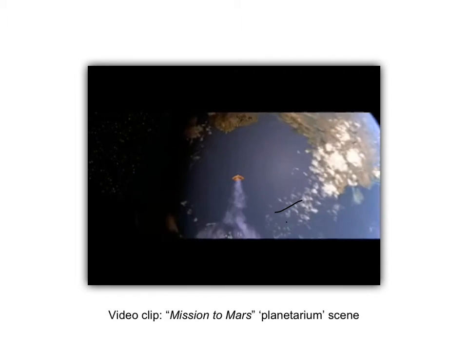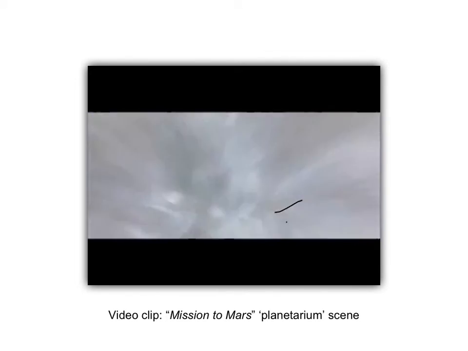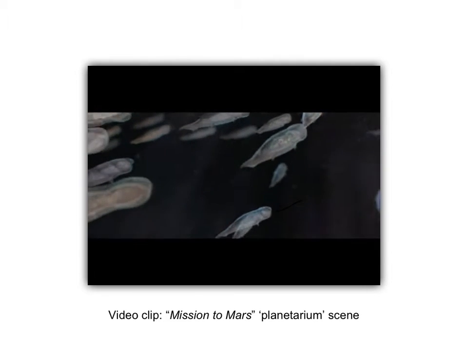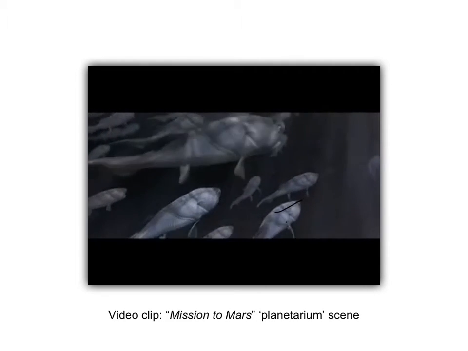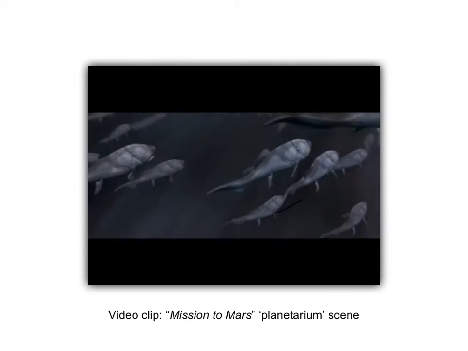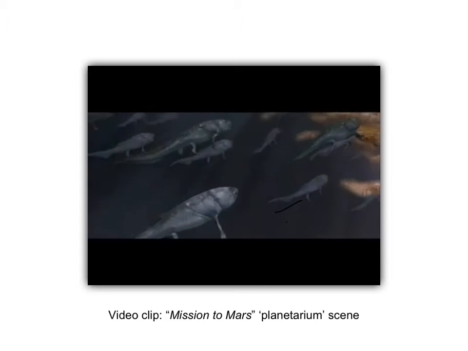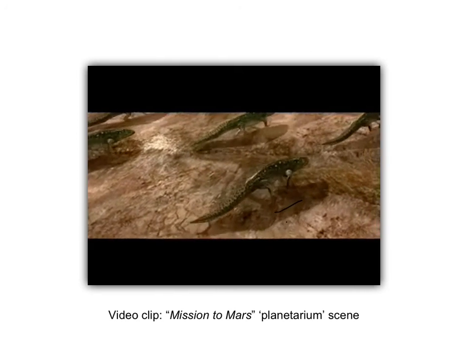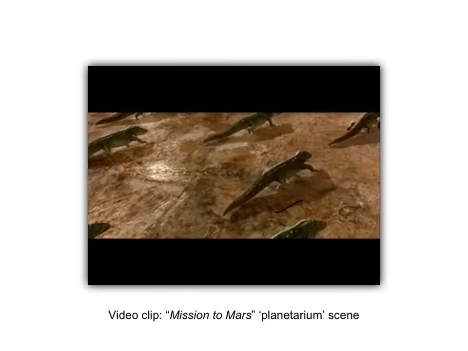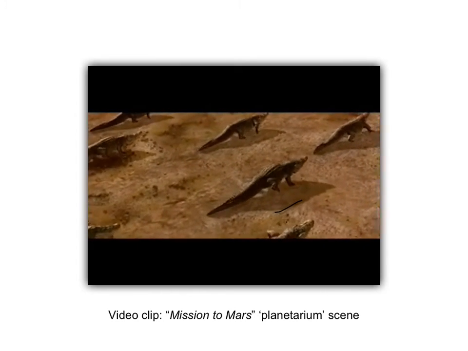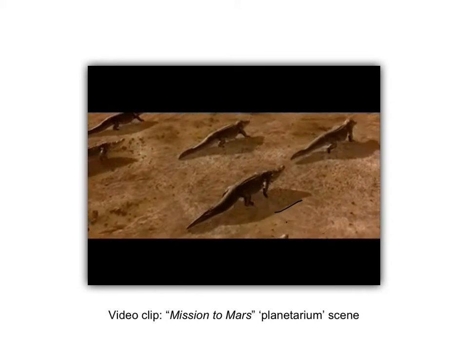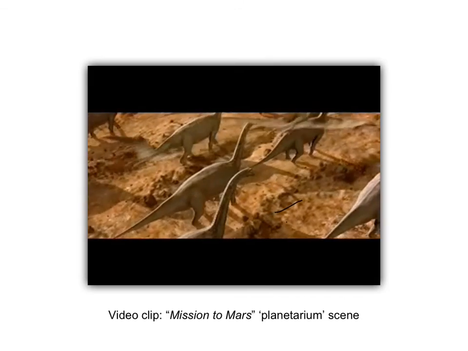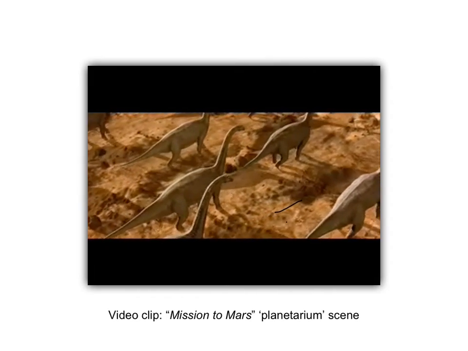Earth, before the continents separated. My God, that's it. Hundreds of millions of years ago, there was a sudden explosion of life on Earth. The first multi-celled plants and animals appeared. No one has ever understood why or how it happened.